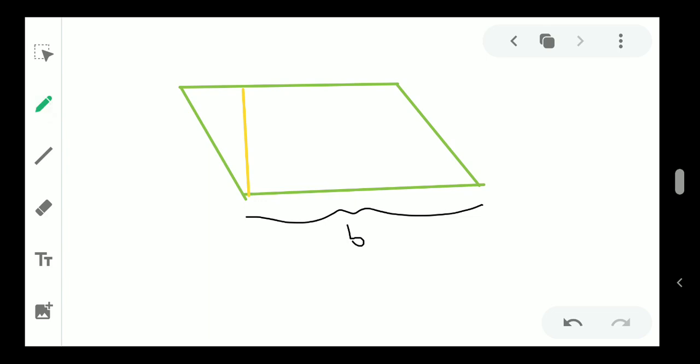So for height, you have to see which sides are parallel. Okay, so we can see this one and this one is parallel. So this line and this line are parallel to each other. So you have to take the distance between these two parallel lines, and that we will call height.